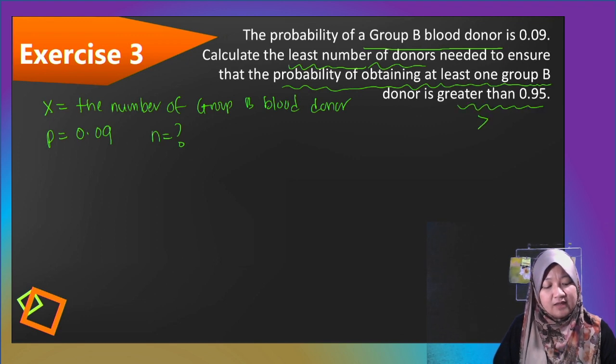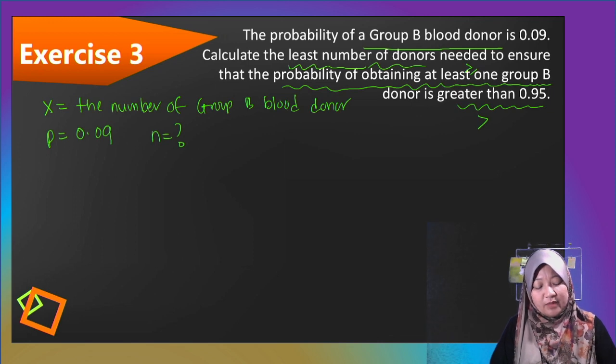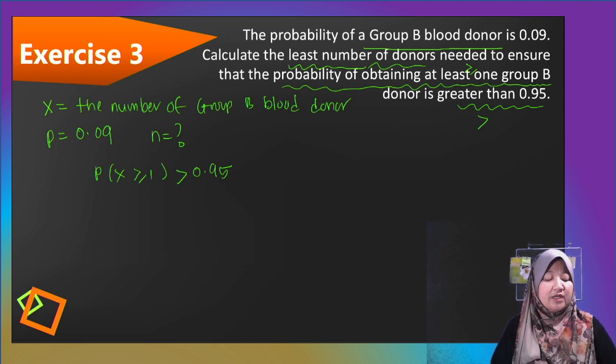Greater than. At least maksudnya juga adalah greater than or equal to. So, kita daripada ayat ni, kita bentukkan satu ketaksamaan where probability of X greater than or equal to 1 is, okay, not equal to. Dia adalah greater than 0.95.